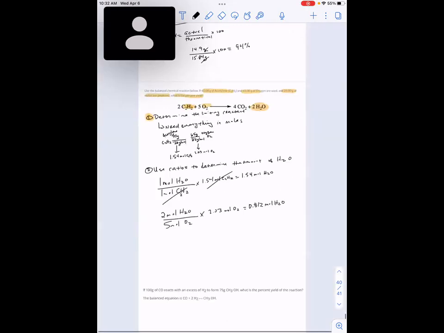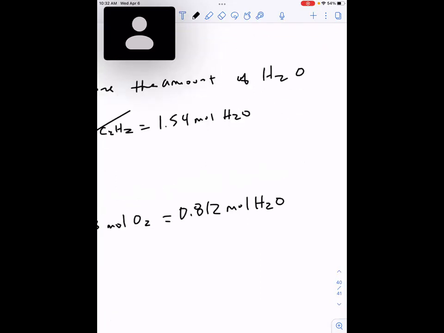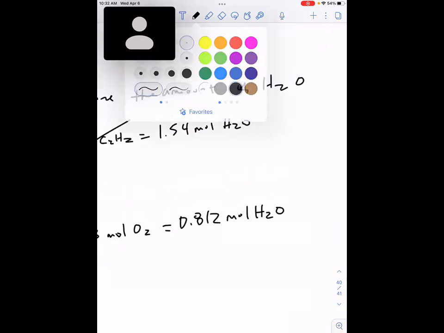What we're saying is the theoretical yield of water, because that's what this is. When you take in the reagents and figure out how much product you're going to get, these are actually theoretical yields, but they're in moles. We have to convert them into grams.